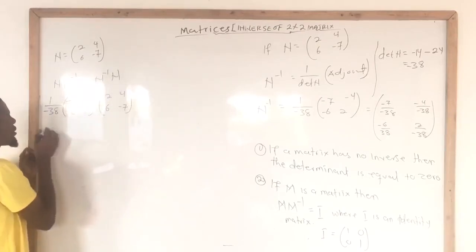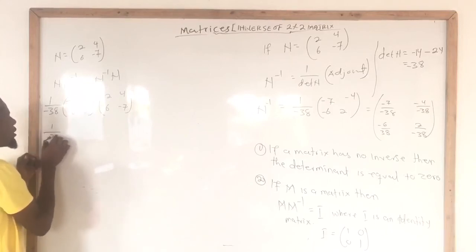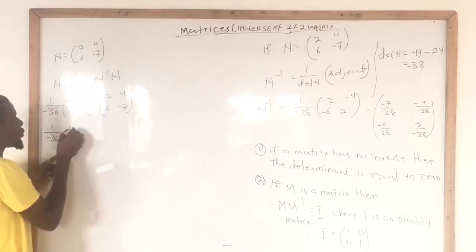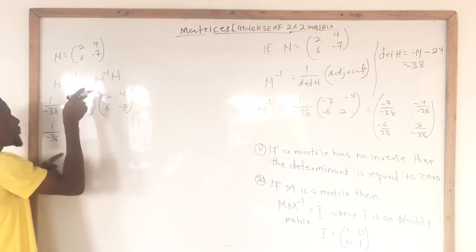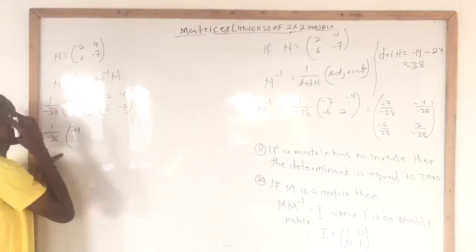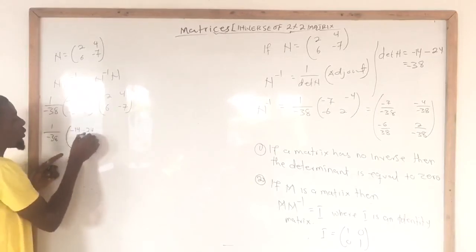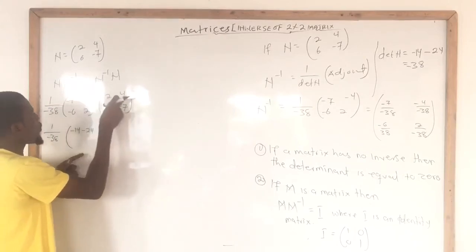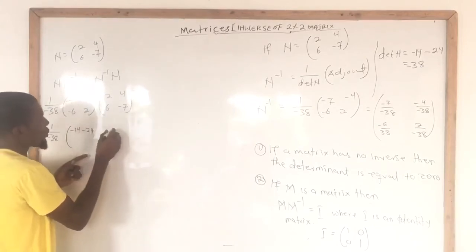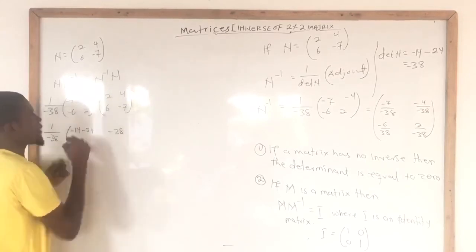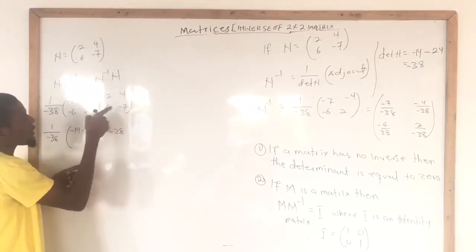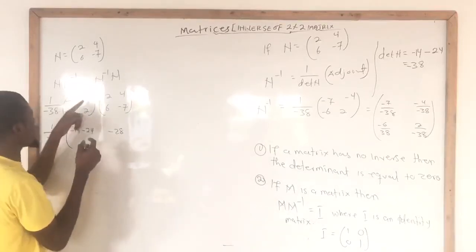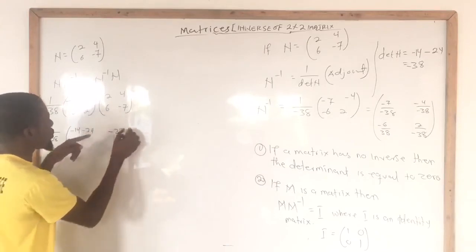So let's first expand this, multiply this. It's -7 times 2, that's going to be -14. And then plus -4 times 6, that's going to be -24, right? And then the same thing goes here. -7 times 4, that's going to give me -28. And then -4 times -7 is going to give me +28.